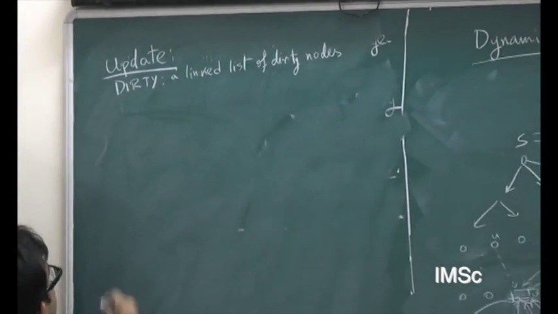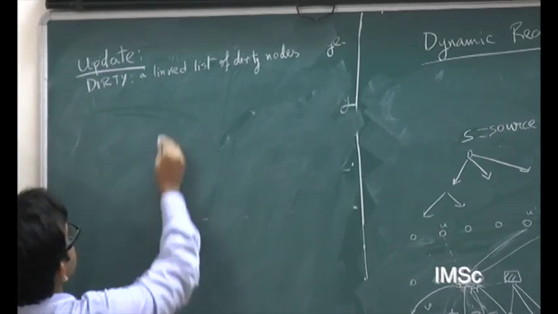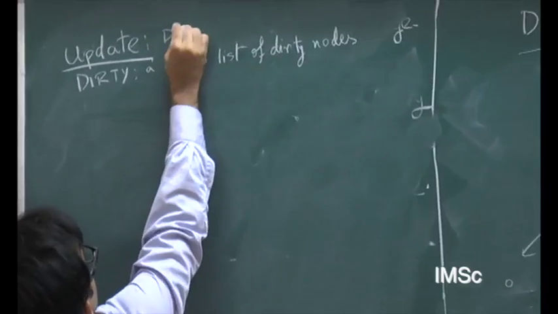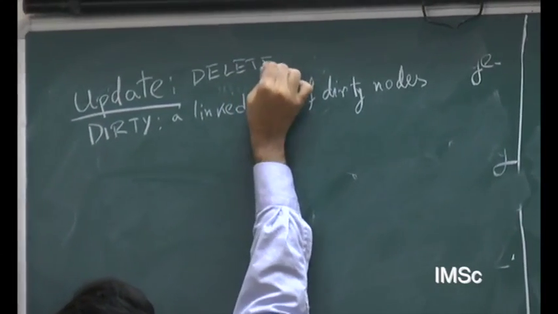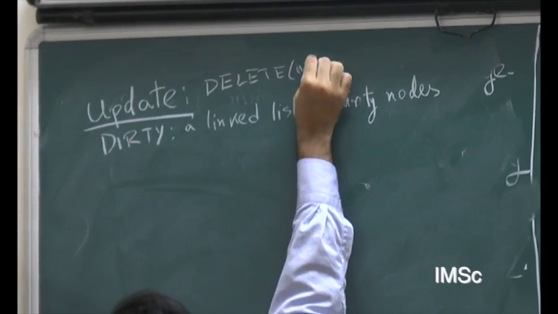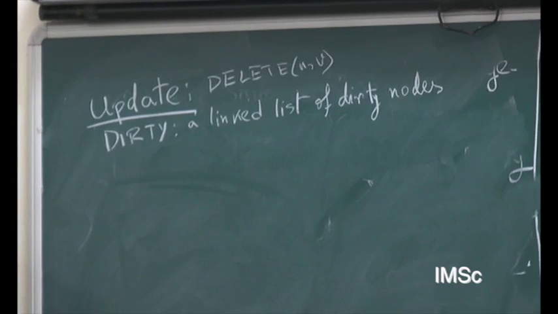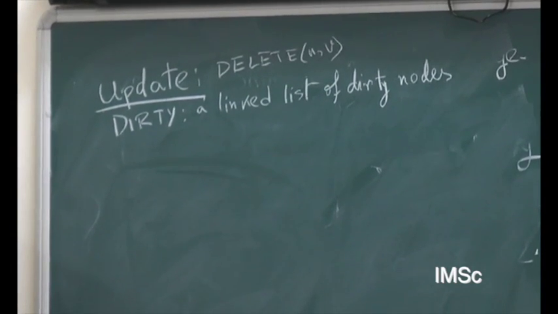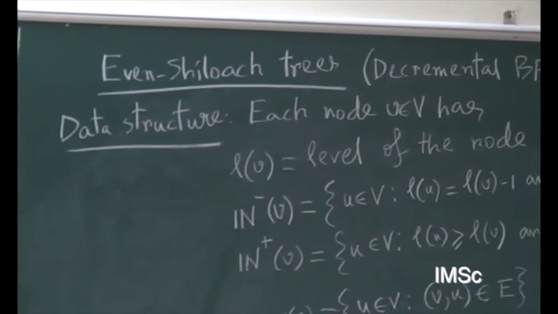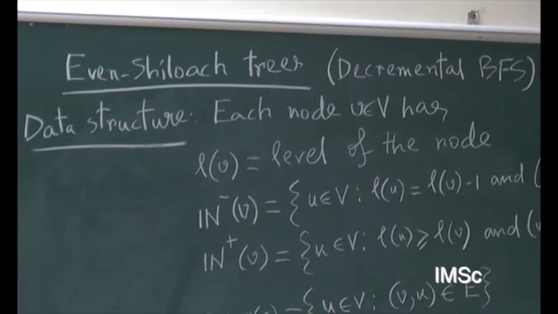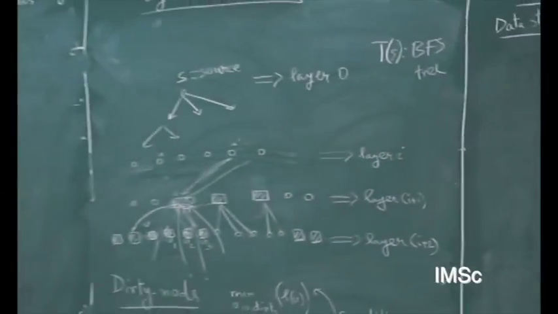Then I am not going to write this part, when edge UV is deleted. When an edge UV gets deleted, you just adjust the structures, and in the end what you find is V is now dirty, right? Then you run this while loop. I am not going to write the first few lines.